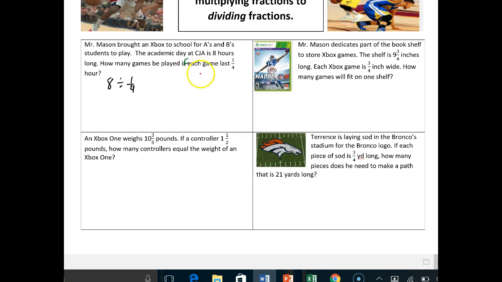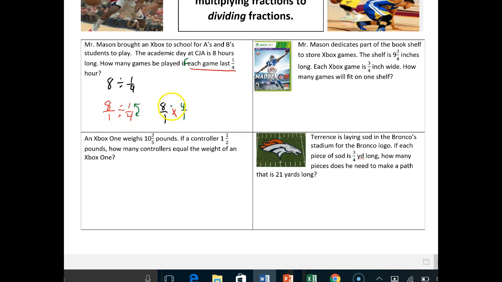So first of all, we're going to go ahead and say, all right, 8 is really 8 over 1. And then we're going to keep this division problem just for now. And we know when we divide fractions, we have to flip it. So our new problem should be 8 over 1, not dividing anymore, times, and we flip this fraction to 4 over 1, right? We flipped it.